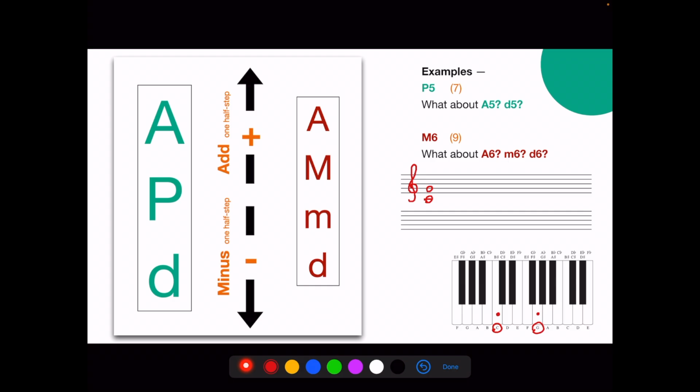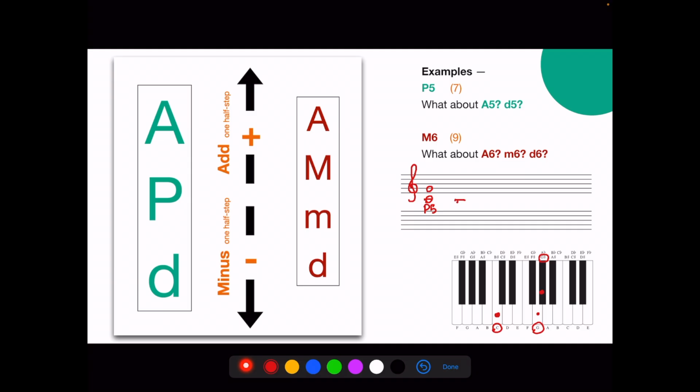Well, the first thing you would do is to write down the distance, which is 5, and then perfect. So from C to G, if we add 1 half step in between these two notes, which means from C, this time we're going to go to G sharp. From C to G sharp, if we add 1 half step, a perfect interval becomes an augmented interval.